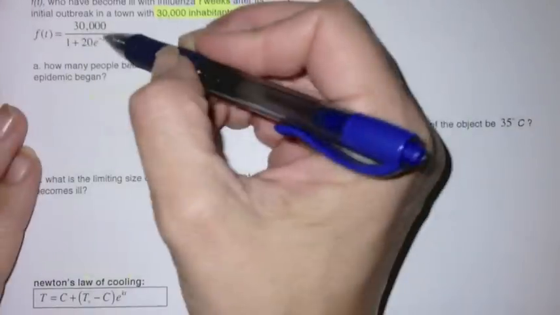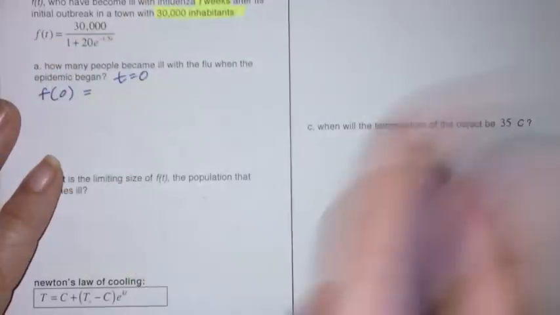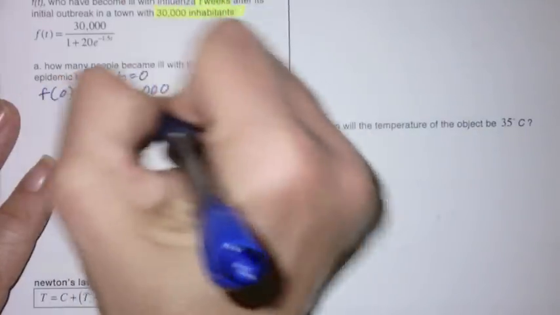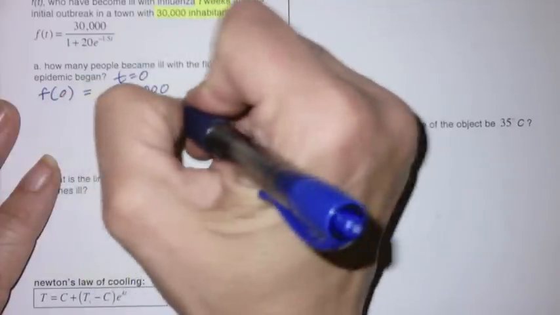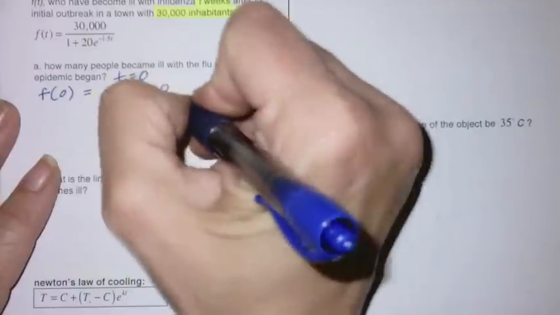Well, our formula doesn't have an A naught, so we're going to use the fact that it's going to be F of 0 because T is going to equal 0 right when that flu began. Make sure you do your math properly here, so don't go super fast. Make sure you are diligent.